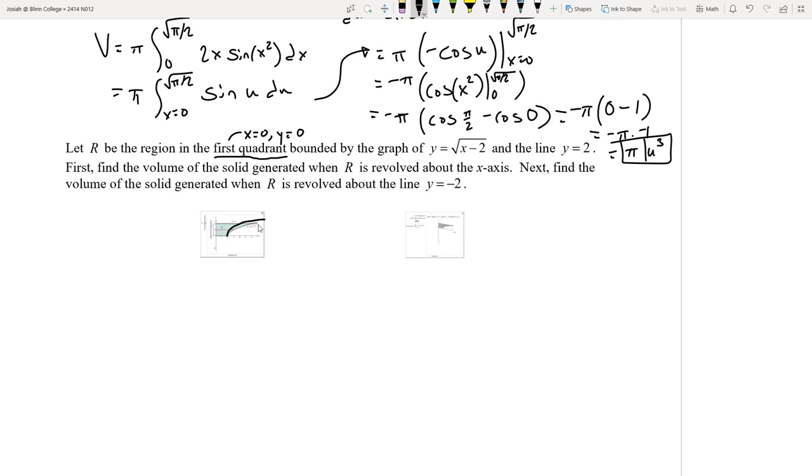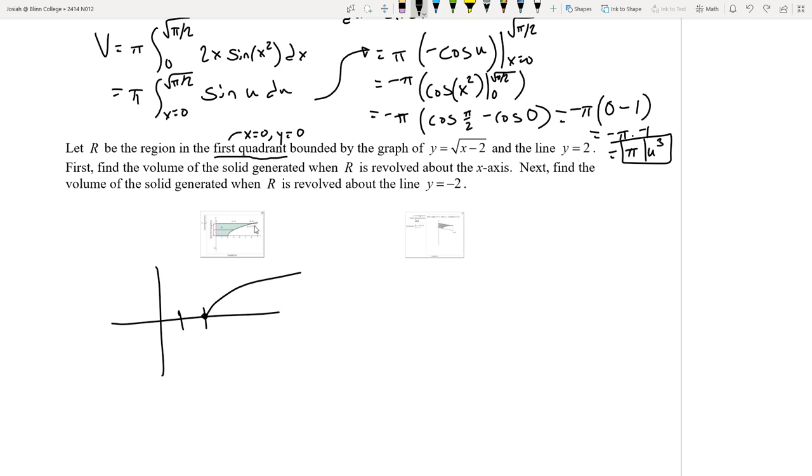I'll go ahead and draw this bigger as well. It should intersect right here, and we're looking at the first quadrant exclusively. So let's leave that there, and the line y equals 2.